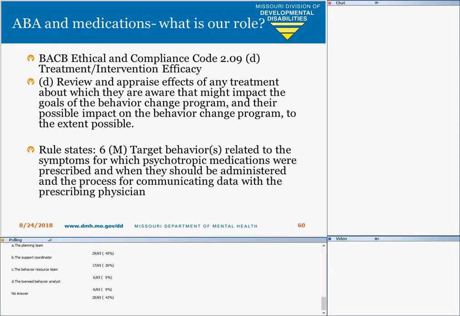So we need to know what the symptoms of anxiety are for an individual and be part of what we're measuring in our plan, because we know they can affect our strategies. So we need to review and appraise the effects of any treatment, including medications, and see if they impact the goals of the behavior change program. And you can't do that unless you're measuring those symptoms.